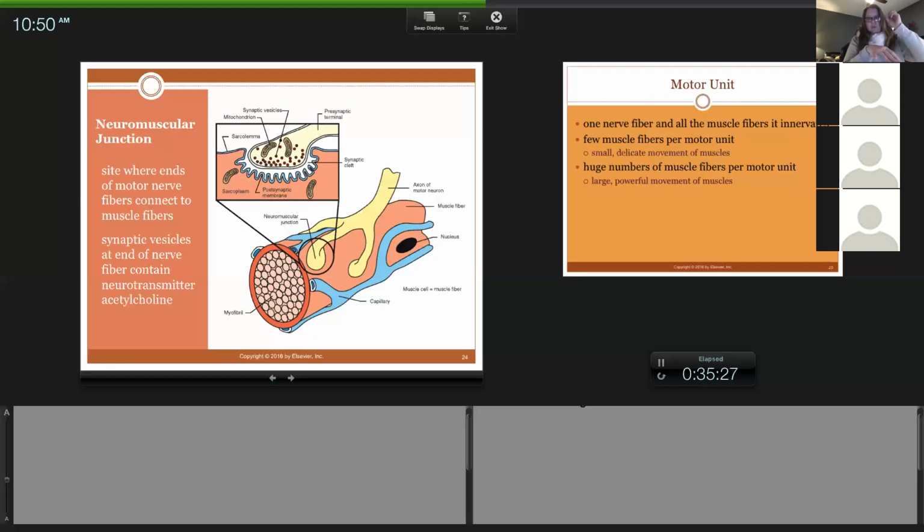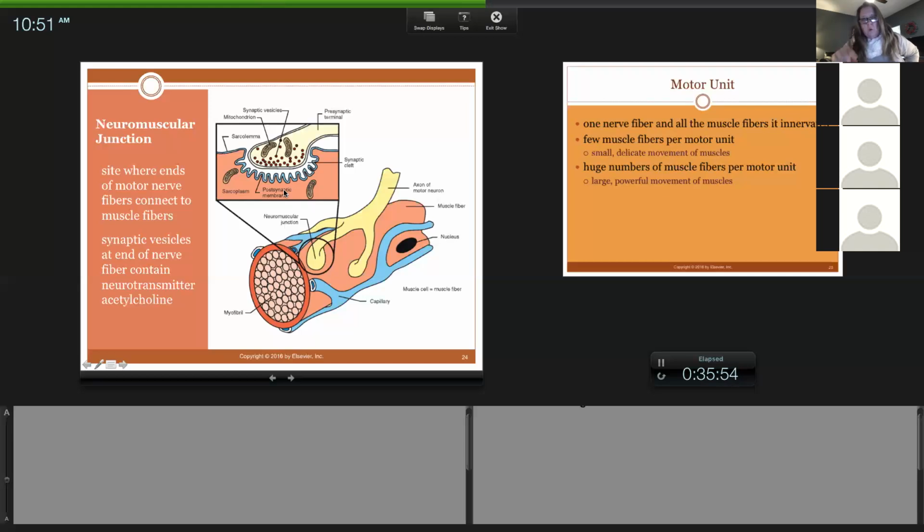That signal is going to send a neurotransmitter that is stored at the end of, remember the teledendrons and the synaptic knobs? There is a neurotransmitter in there called acetylcholine. When the brain sends a signal to the motor nerve, it releases acetylcholine into the postsynaptic membrane, which is my muscle cells.